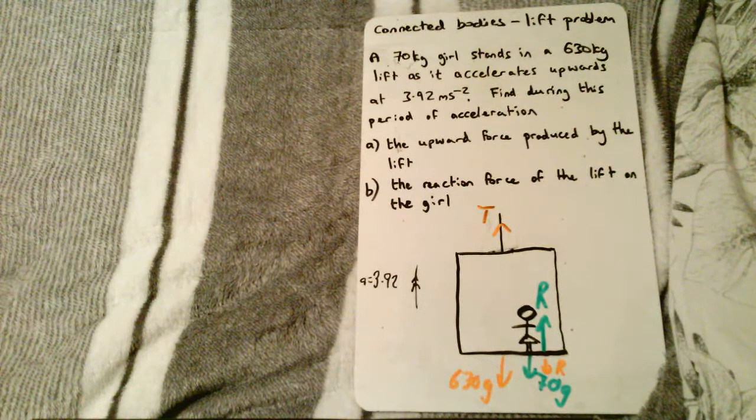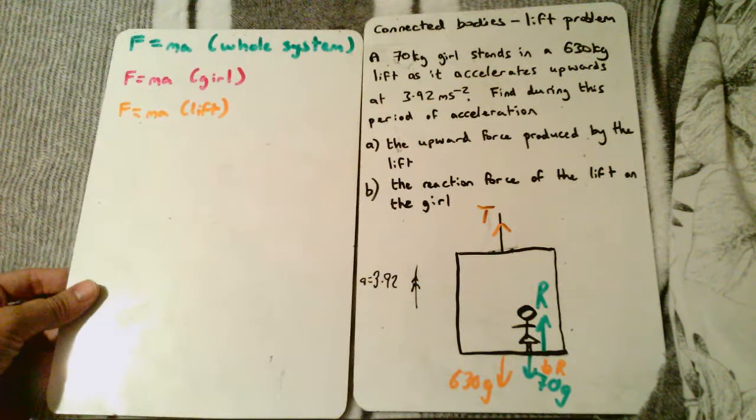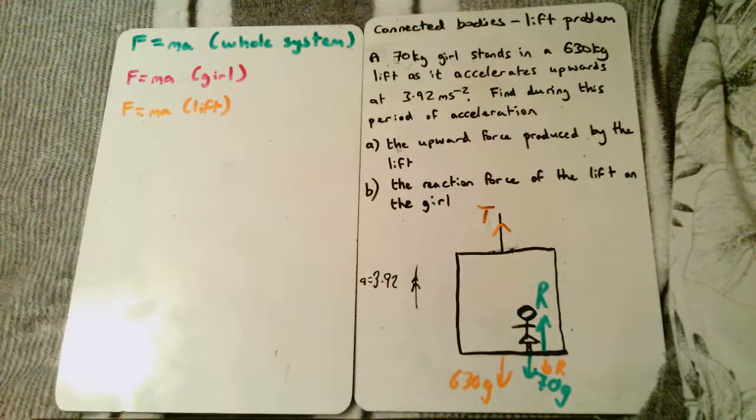Now, we can either treat this as a whole system, or as two individual systems, the girl and the lift. For this, there are two unknowns, T and R. We could do this in any order, but I generally prefer to find the value of T first. I generally prefer looking at the whole system first.